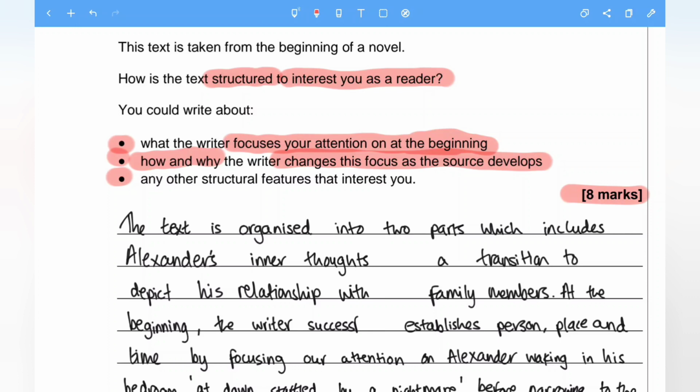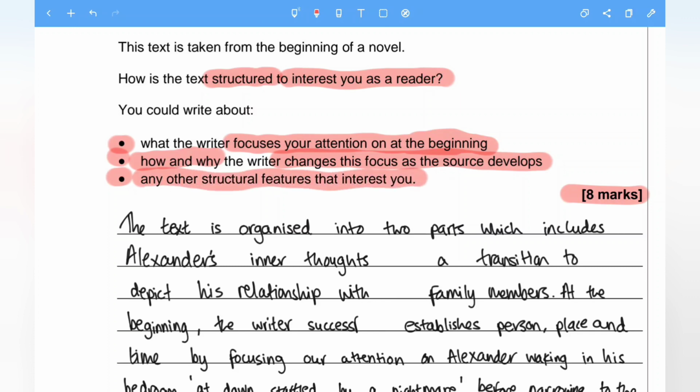So the how is obviously through the structural methods or techniques, and the why, so why does the writer do this? Is it to interest the reader, and is it to show a particular idea, etc.? And finally, any other structural features that interest you.